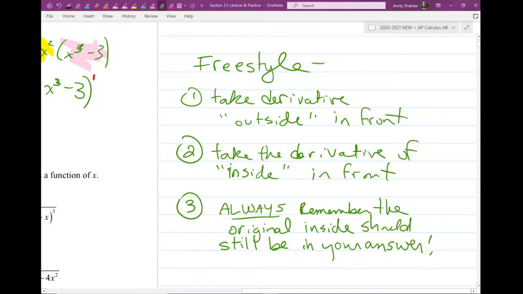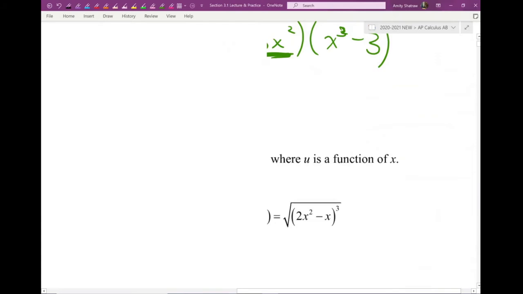Okay, and this is freestyle for how to use the chain rule. Okay, take the derivative of the outside and put that in front. Take the derivative of the inside, put it right next to that. And always remember that the original inside should still be in your answer. Okay, it should always still be there, whatever it was.